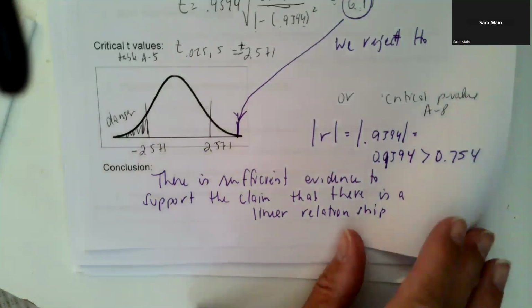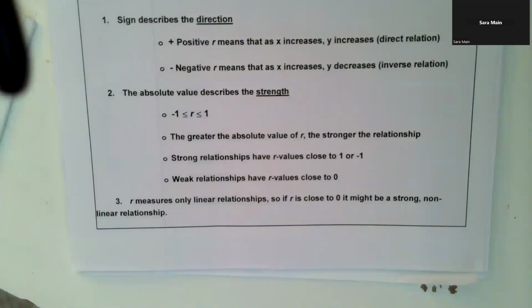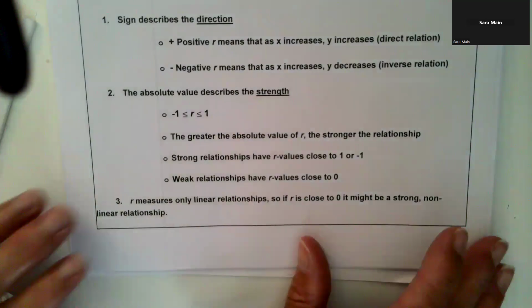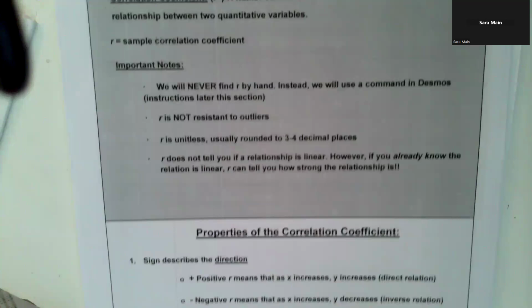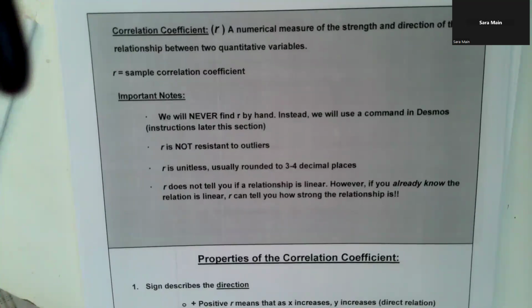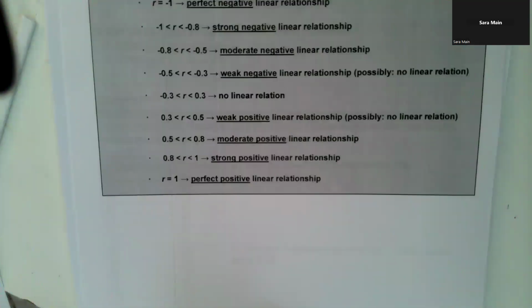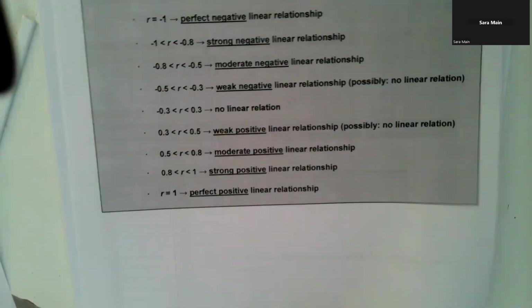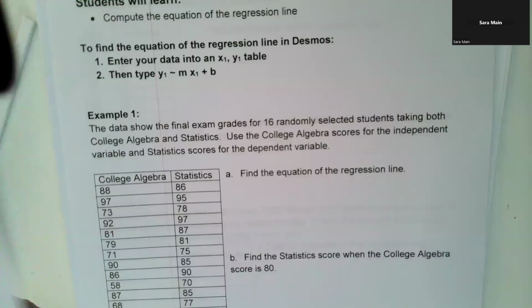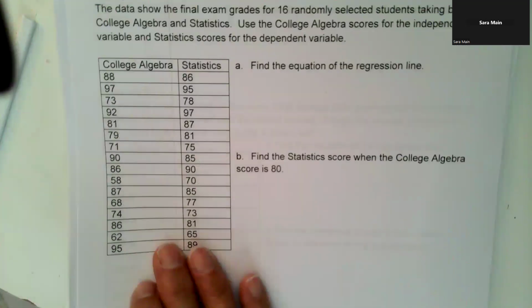Okay. And then the last few pages of this lesson are just showing you some characteristics about correlation coefficient, things that we've already talked about, positive and negative, and the rules of thumb that we're going to use. That's me for the video lesson for 10.2.